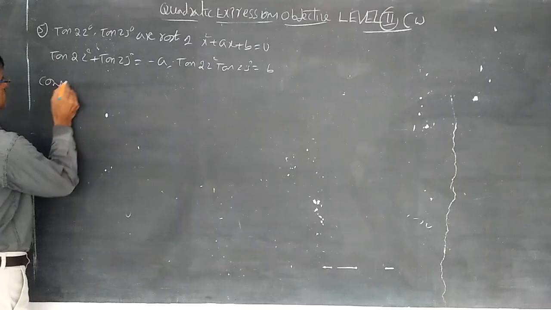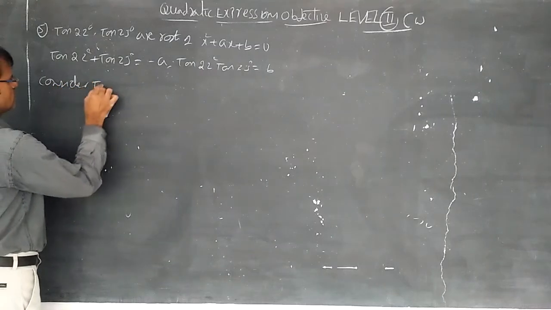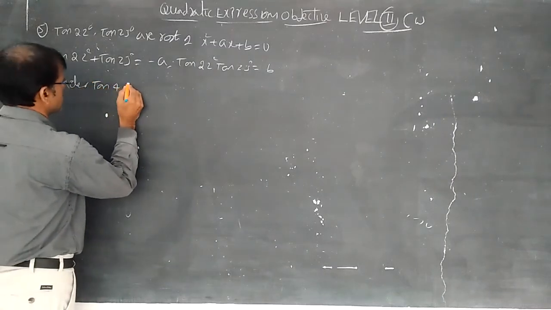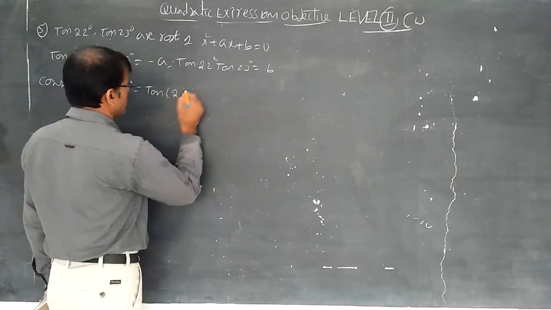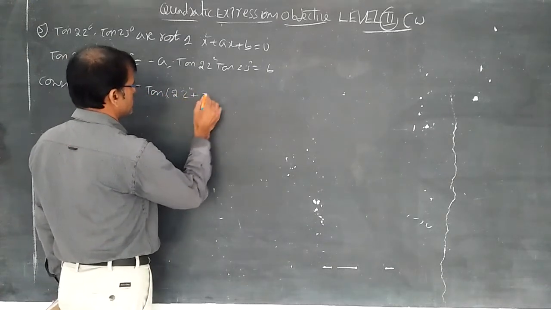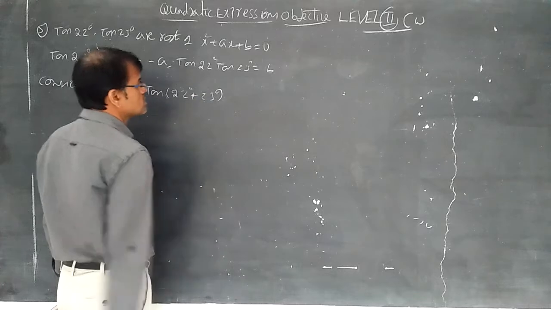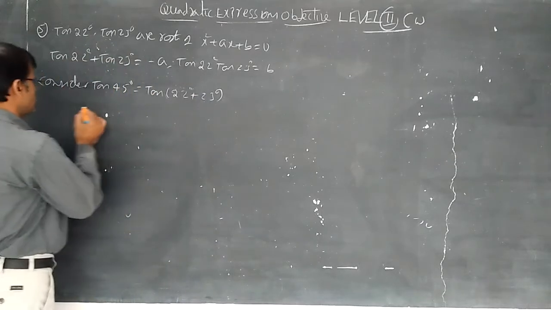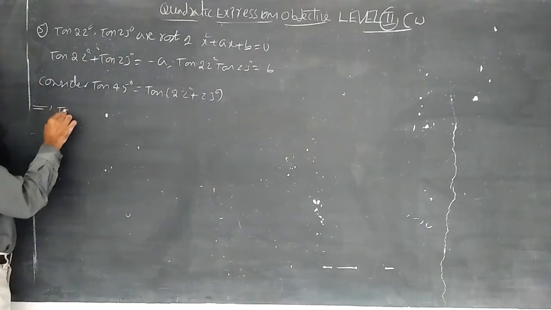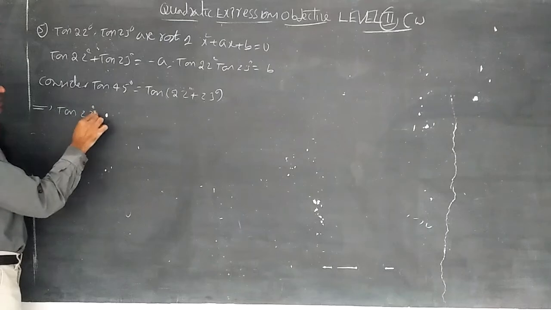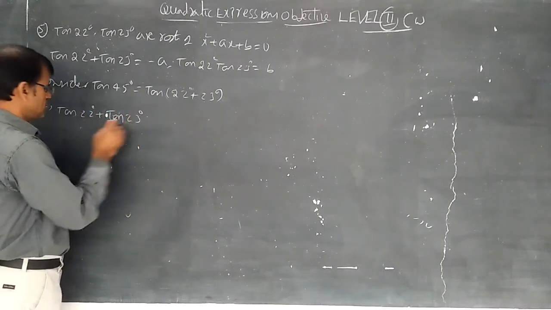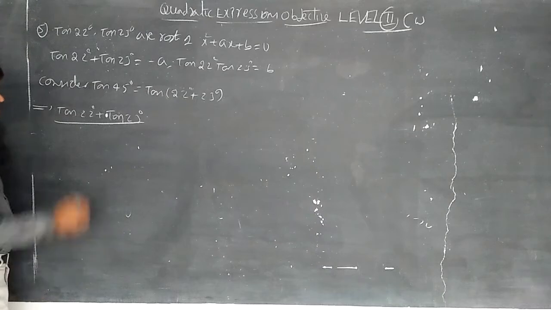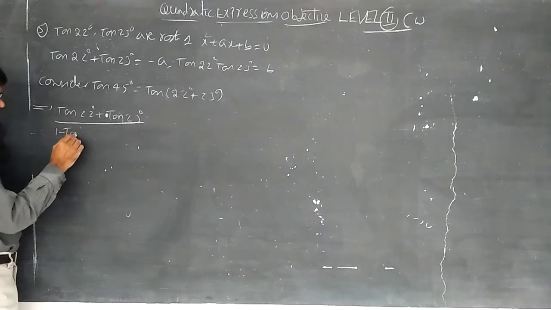Students, we will consider the value tan 45 as tan of 22 degrees plus 23 degrees. Use the formula tan A plus tan B by 1 minus tan A tan B: tan 22 plus tan 23 by 1 minus tan 22 into tan 23.